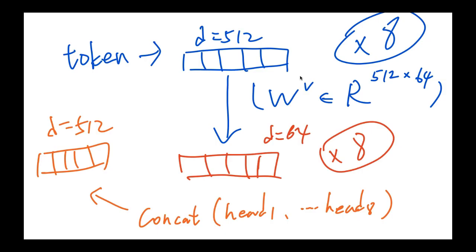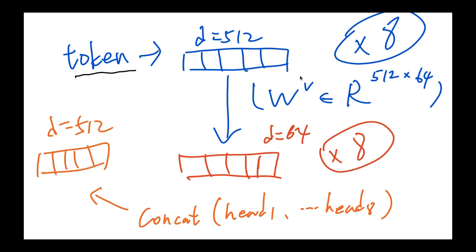So let's look at the life cycle of the value vector. Probably it can help you understand it better. Originally we have an input, which is a token, right? Every word is a token.